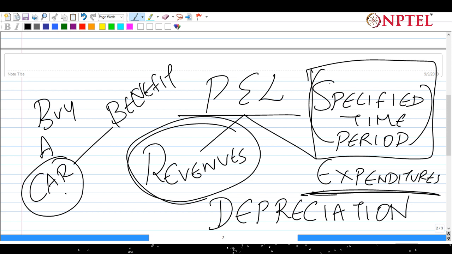Revenue is what is accrued during this particular period. Accrued means it has accrued, but I might not have received this particular amount. So that is the difference.